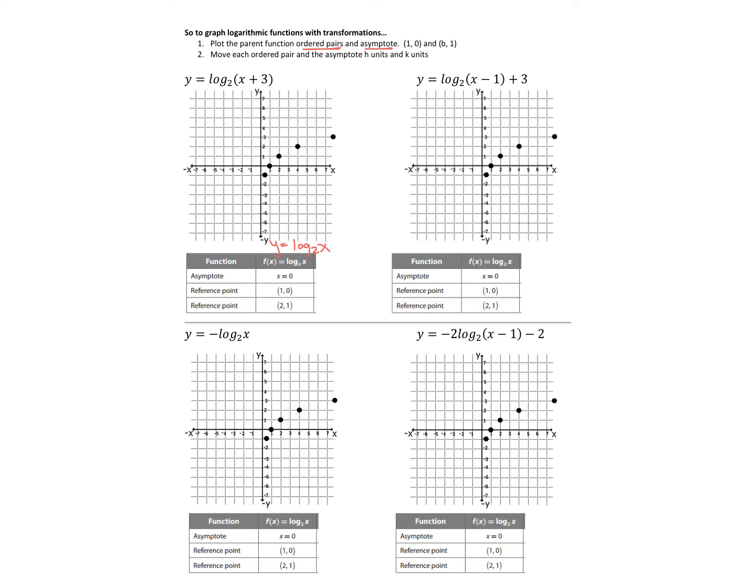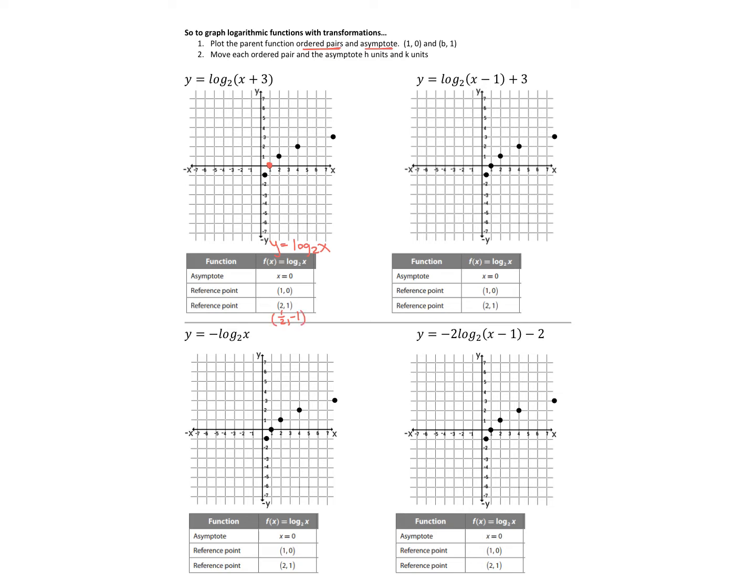The ordered pairs we like to use for our reference points are (1, 0), because when my x-coordinate is 1, my corresponding exponent is 0. 2 to the 0 is 1. Then my next reference point is whatever my base is, comma 1, because 2 to the first power would be 2. And lastly, we also use 1 over our base. In this case, 1 over our base of 2, comma -1, because 2 to the -1 is 1/2.